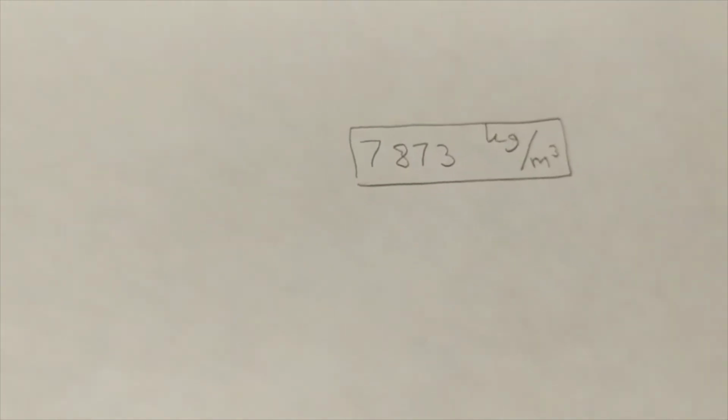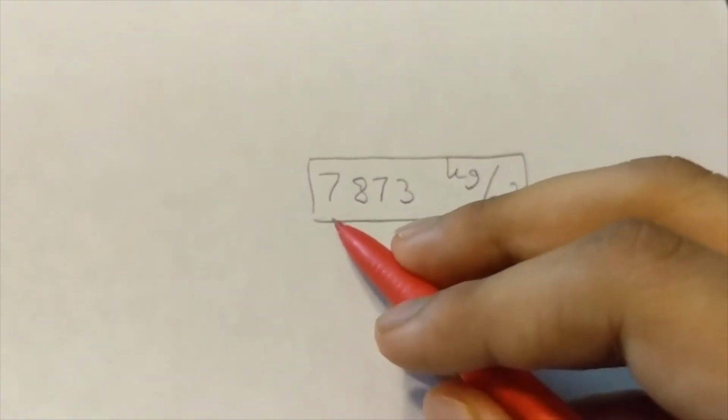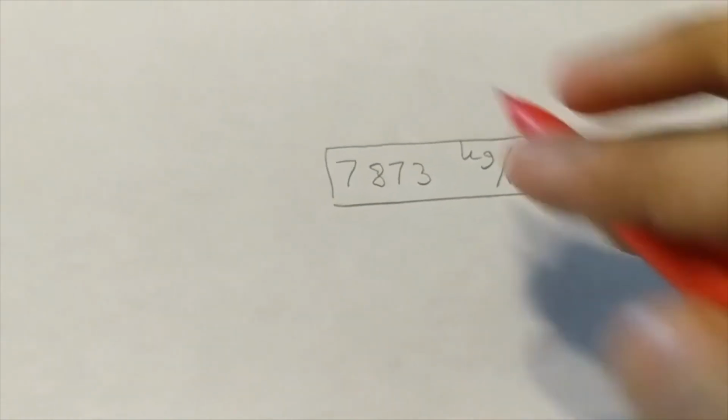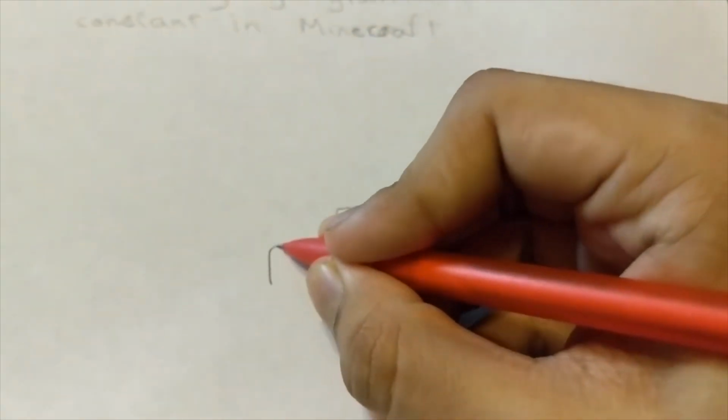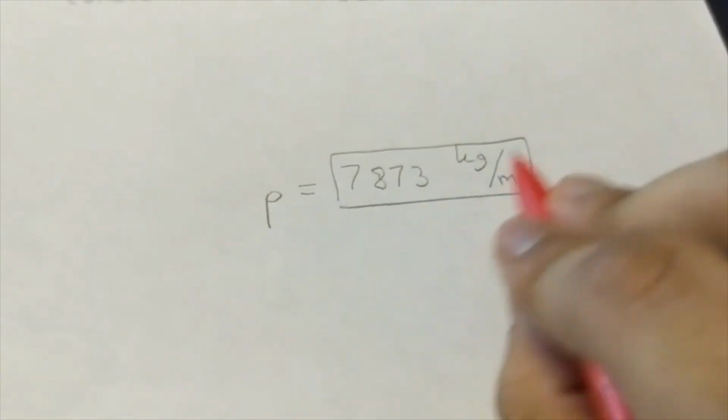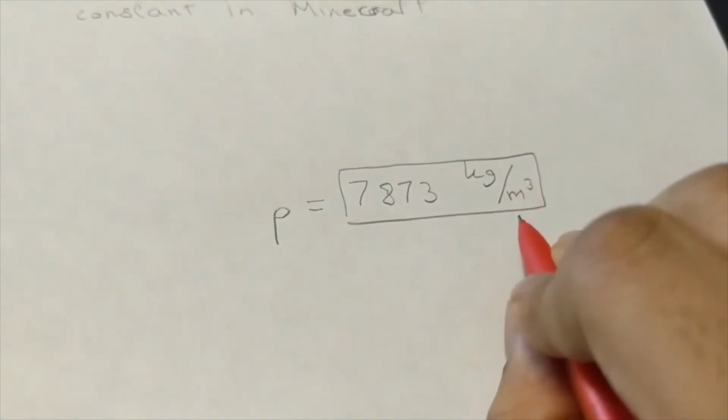So, the density of iron, which is the only thing used in an anvil, is 7,873 kilograms per meter cubed. So that's going to be our rho. And so from that, we have a meter cubed of iron.